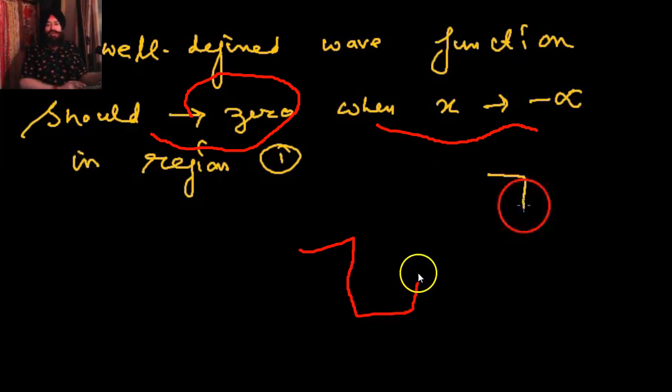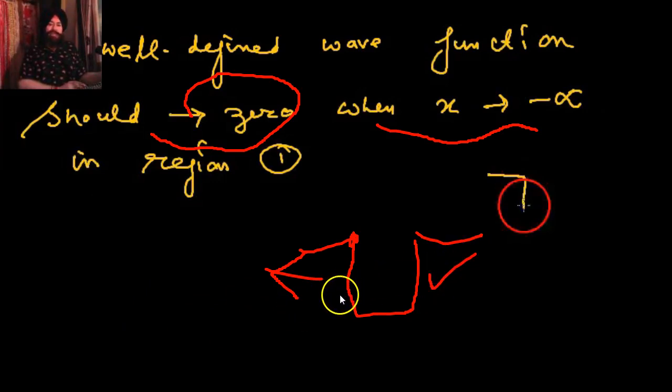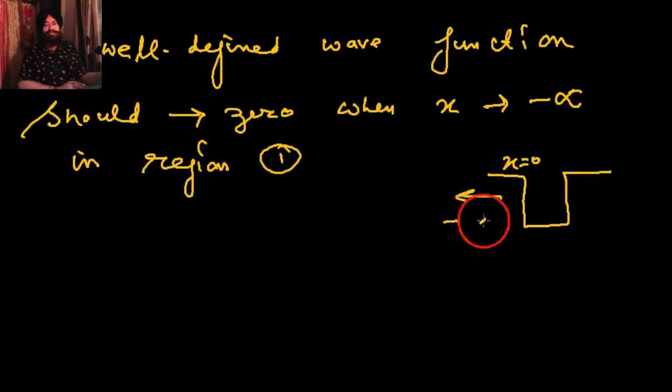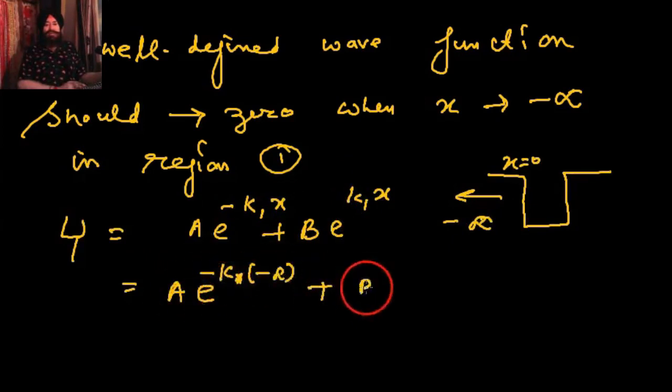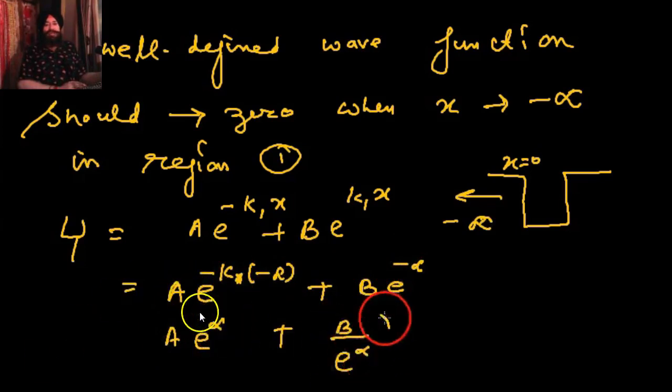Now in our case, because we're discussing the left hand side of the well, where x is equal to 0 here, x can approach only minus infinity, not plus infinity, which is region number 3. So x can approach minus infinity in region number 1. So if I substitute this infinity here, what happens?